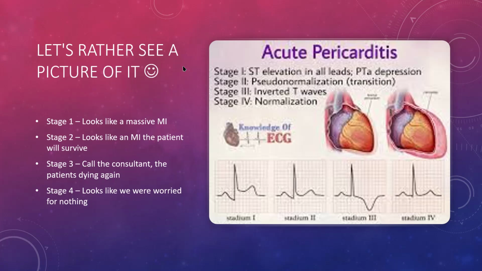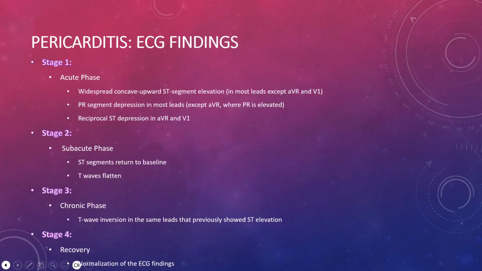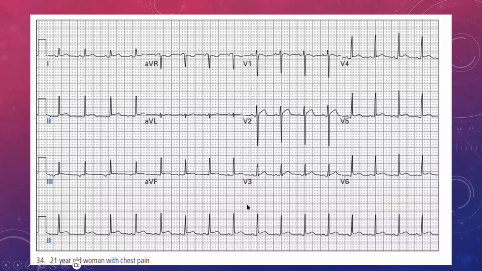Okay. So like I say, stage 1 looks like a massive MI. Stage 2 also looks like a myocardial infarction, but it doesn't look as bad. All right. So if I was to go back to our patient here, we could actually put this patient in the subacute phase. This patient may have been at home with pain for a day or two, may even have been visiting the local GP, may have been visiting another health practitioner, may have received treatment for chest pain, suspected pneumonia, may have received antibiotics and things like that.